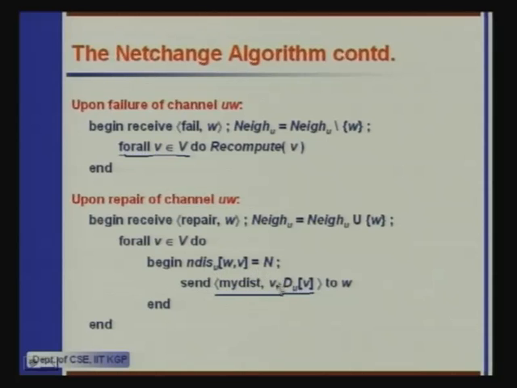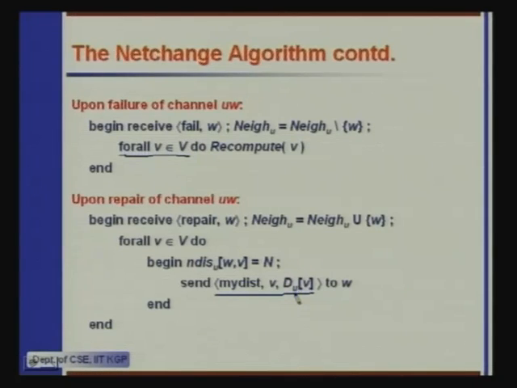And look, W is also going to do the same thing symmetrically on the other side. It will receive a repair U message, and it is going to send mydist W, mydist V DWV to me.